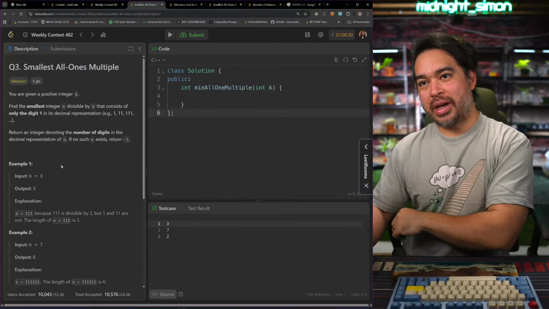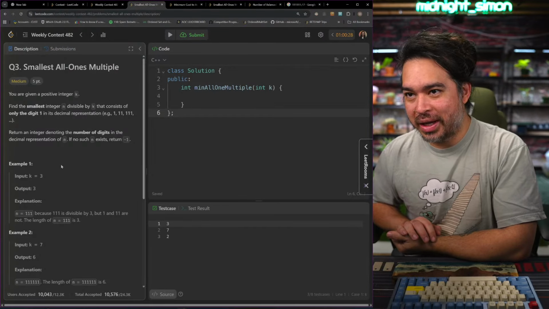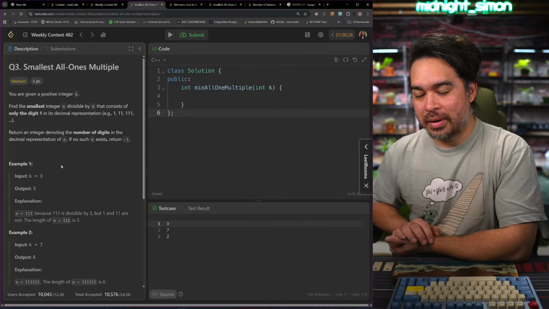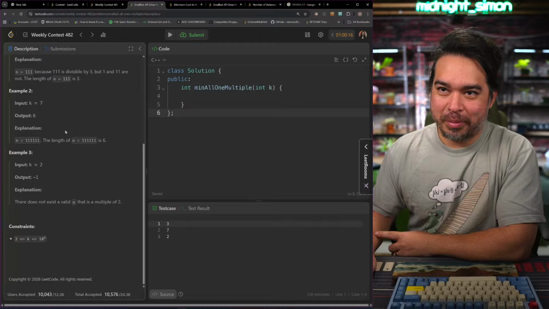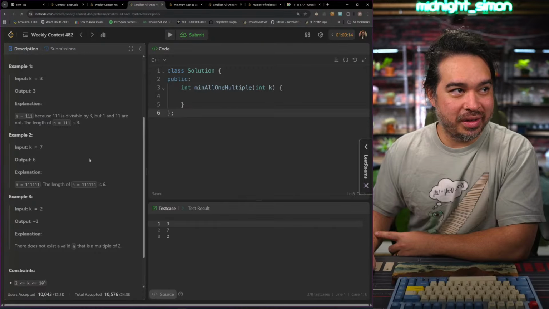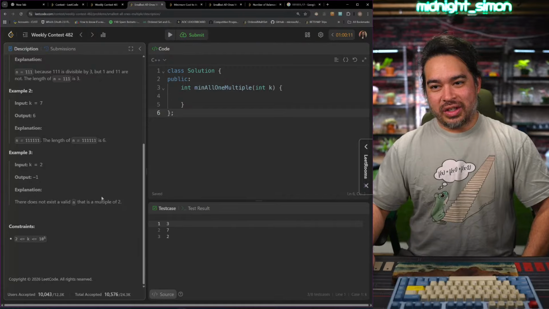What do I mod it by? I'm just modding by K the whole time. I don't know, man. I'm just trying to make up rules in my head about modding. I don't think I can solve this one.